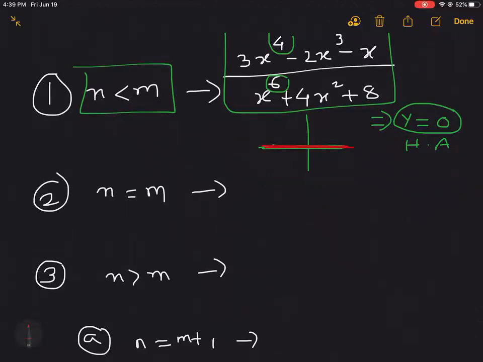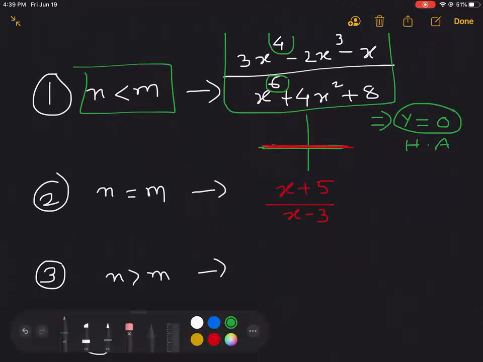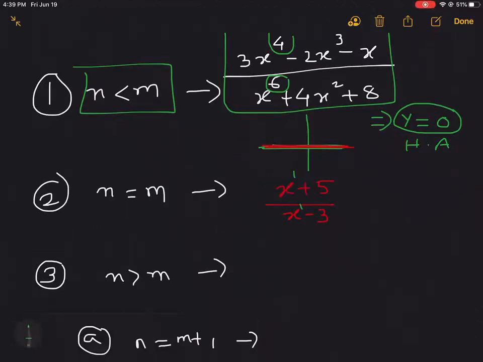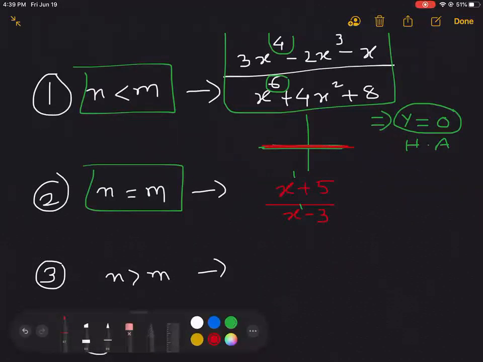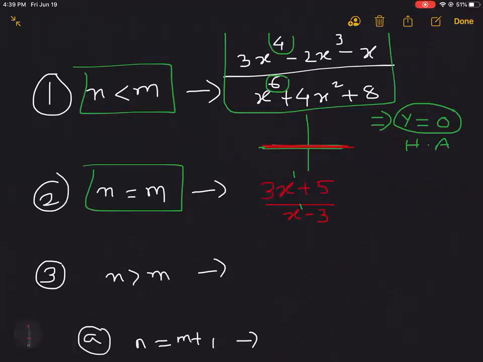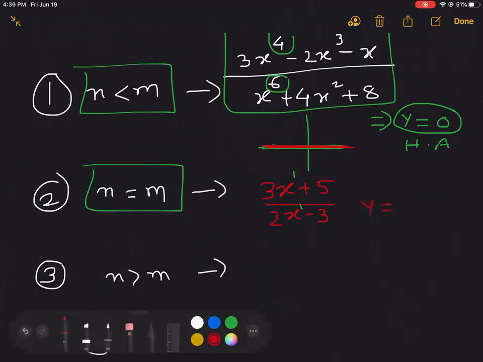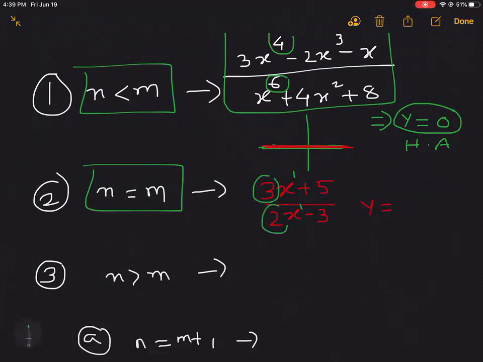Let's see. Okay. I think we can use a problem we have seen before. Let's try this one. As you can see, our degree here is 1 and 1, right? For both. That means it satisfies the second one. And let's try it this way. I think this looks very easy. Let's try this: 3x and 2x. Okay. And our degrees are 1, so it will be y equals the ratio of the leading coefficients.